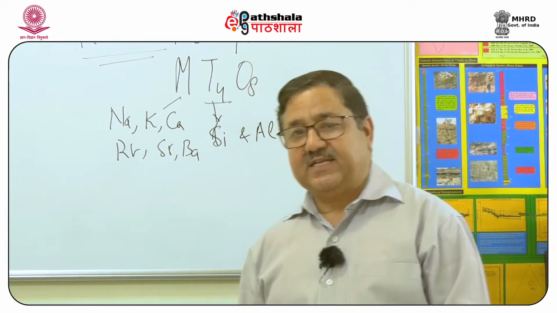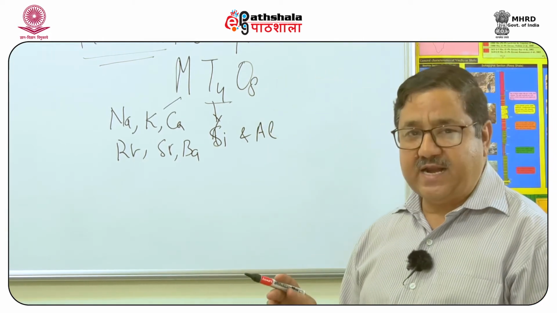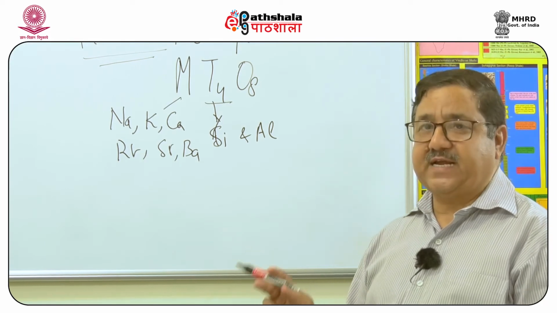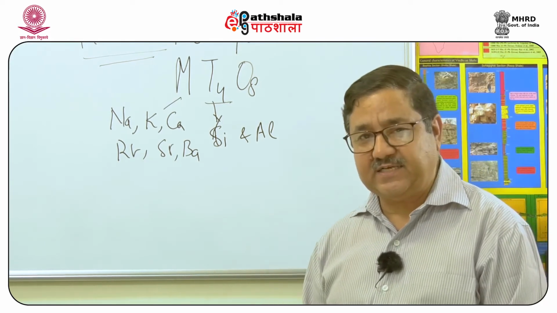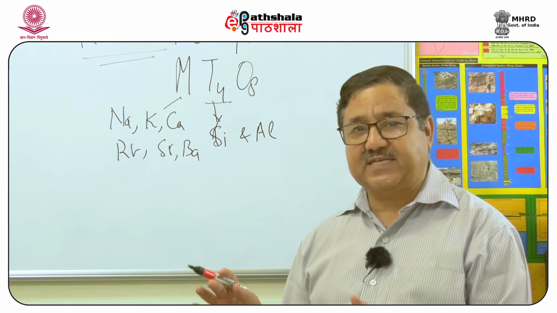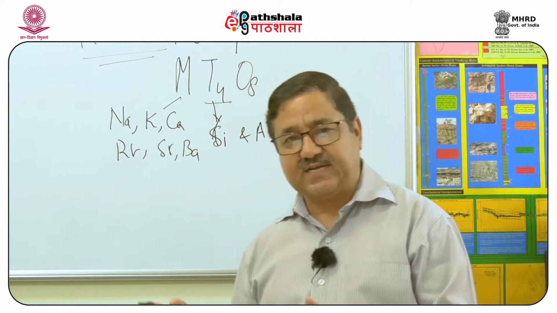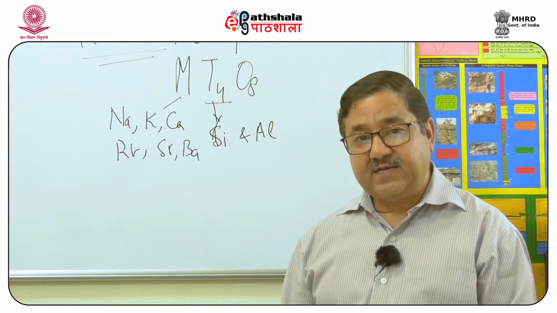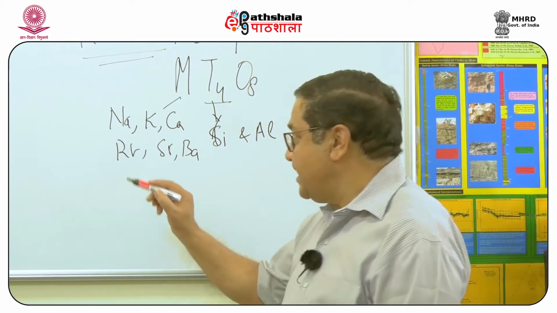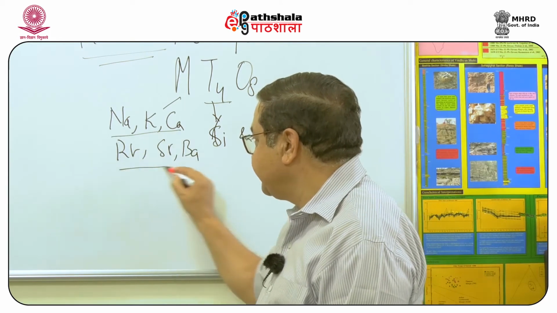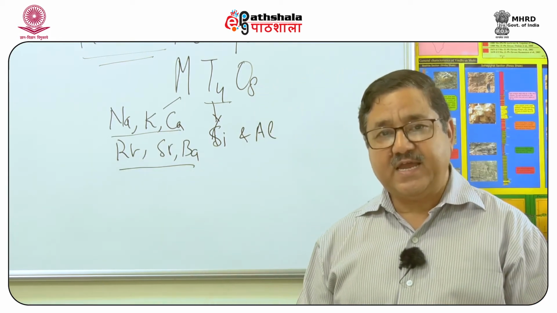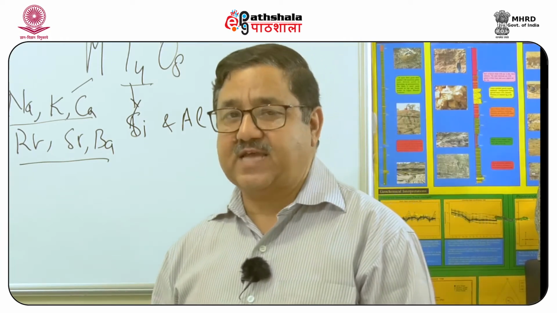For this, now let us look at the arrangement of the tetrahedra, the way these tetrahedral sites are present in a structure, and how the larger cations are accommodated in non-tetrahedral sites.